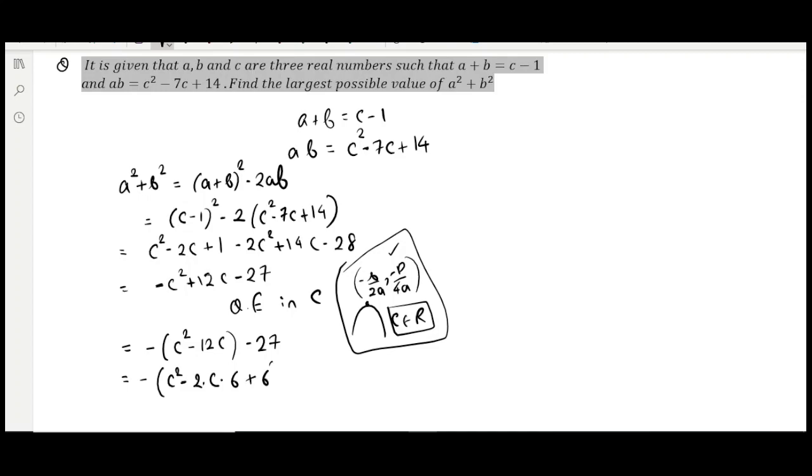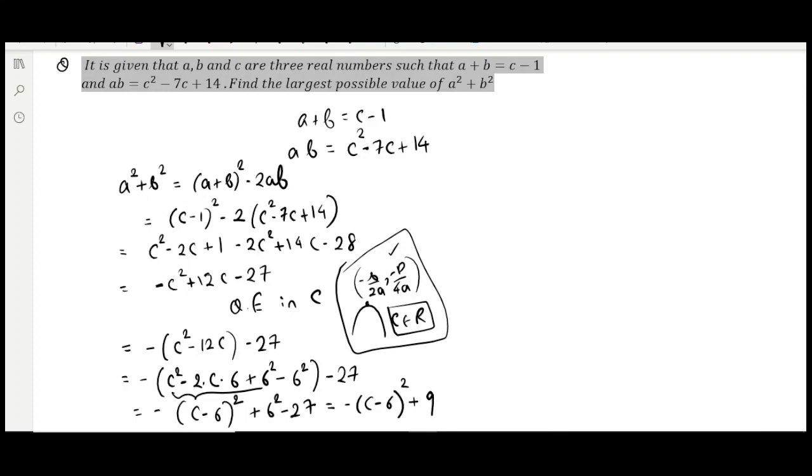We will need 6 square to complete the square, so plus 6 square minus 6 square minus 27, right? Minus c minus 6 whole square, the minus will come inside, and this will become plus 6 square minus 27. Now one can easily see that this is minus c minus 6 square plus 36 minus 27, and this is 9, right?